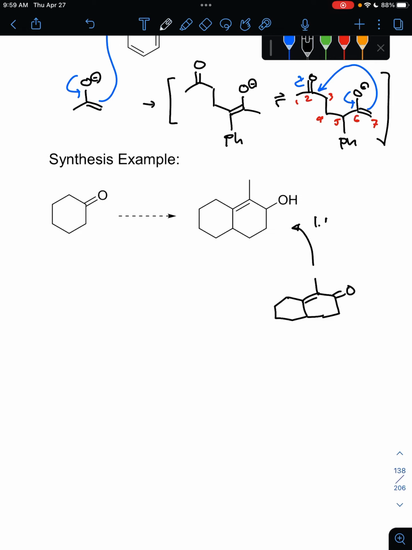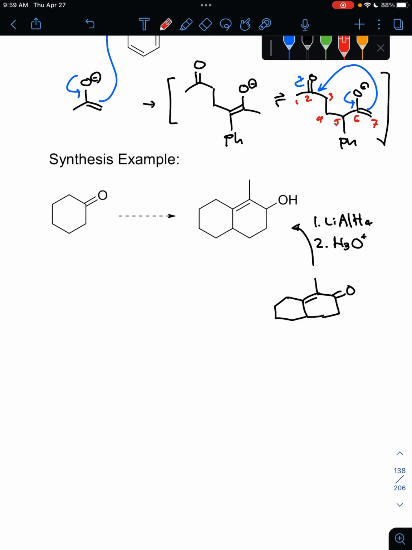Remember, lithium aluminum hydride is a very harsh and hard nucleophile, or nucleophile source that is hydride, and so we should be able to reduce that ketone to the corresponding alcohol doing this.